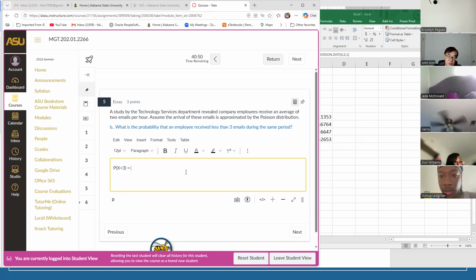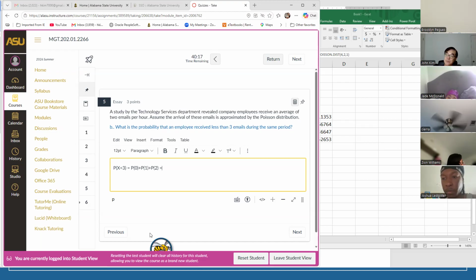So it is probability 0 plus probability 1 plus probability 2. That's it. Because it is now less than 3, so 3 is not included, up to 2.